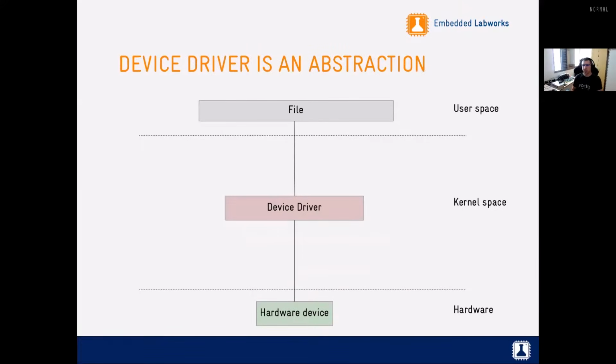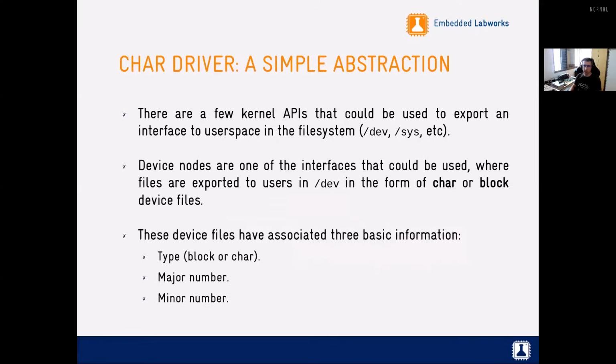So that's the main original and simple idea. Our device driver will run in kernel space because it needs privileges to talk to the hardware, and it will provide some kind of file so user space applications can talk to the hardware.